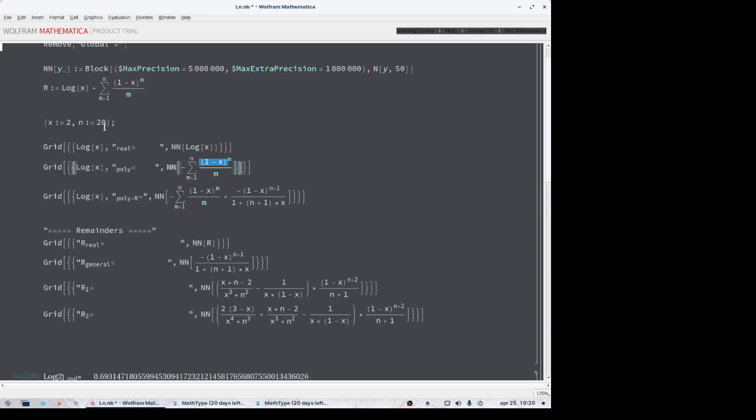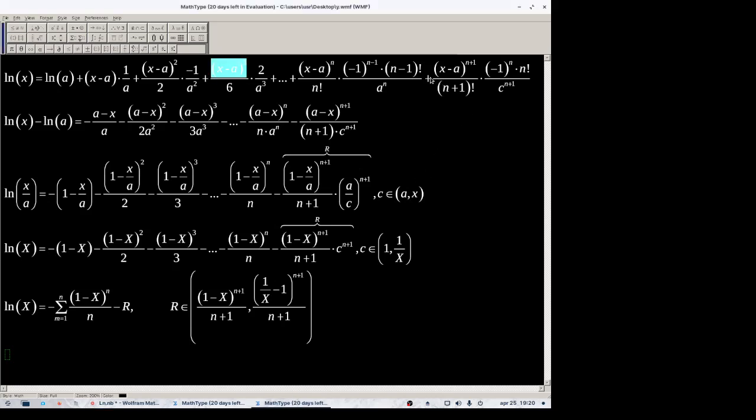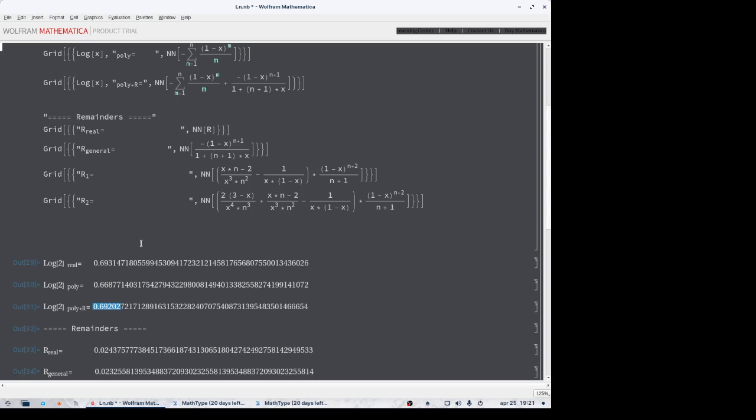I used 20 terms to approximate, and here you can see the same thing, but adding the correction term, which is a remainder term, not the general Lagrange remainder, but my specific remainders, which I usually compute, like in the exponential functions video.